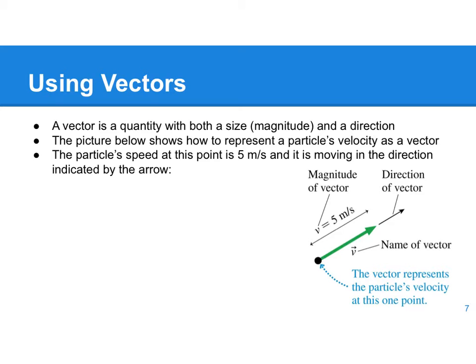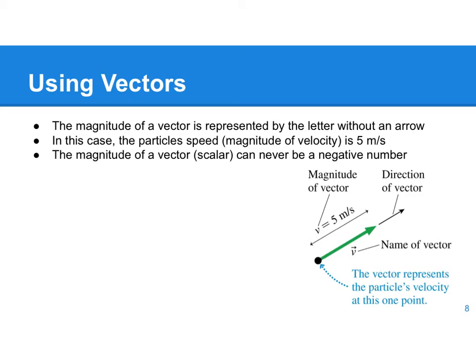So this is a velocity vector. It's going 5 meters per second, I don't know, 30 degrees north of east, right? So here is my positive x. So it's going both positive x and positive y at the same time. So the direction is not straight x or straight y. It's a little bit of both. And that's going to be an important concept as we go through and learn about things like projectile motion.